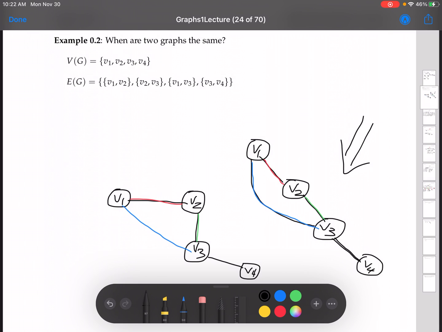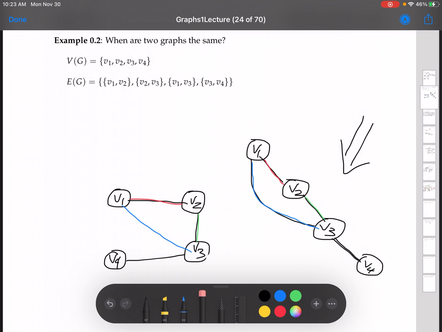Now to make this look like the other graph, I've got to move this guy over here. And that's certainly fine. I can do that with graph theory, the geometry of position. And so these are, in fact, the same graph.